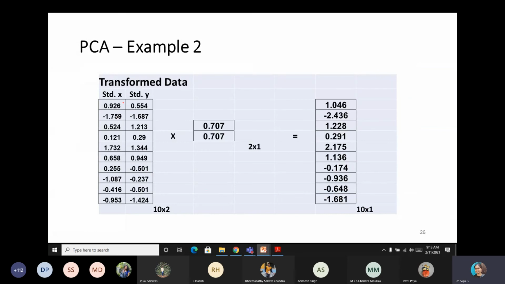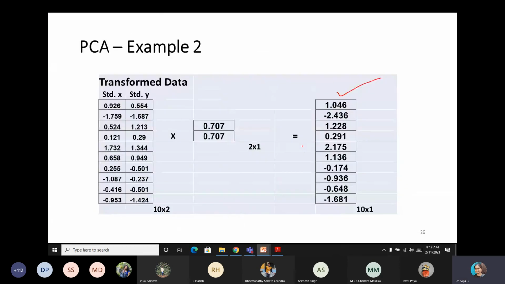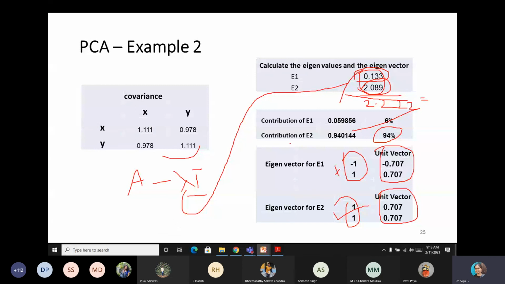So we take the standardized data set and multiply it with the second eigenvector, and you get the transformed data. So now this is our reduced feature set. Okay, how do we obtain this? It is very simple. You take these points, 0.707, and multiply this 0.707 with 1, 2, 3, x4, etc. You will get a line like this.